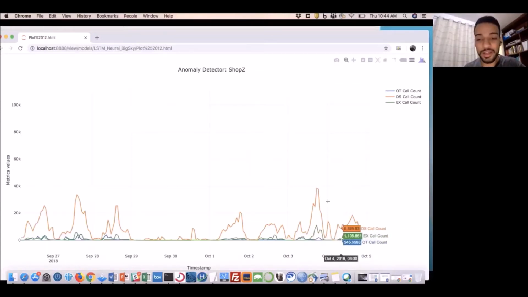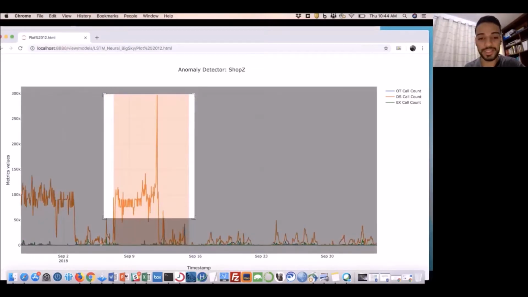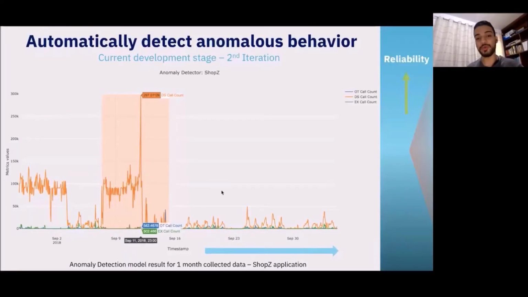But if you see here, that's not actually the case, because what actually represented the anomaly was the move to production process that they had done, which varied the performance a lot in the metrics for the application and caused a bottleneck for the users. This is an example in which we are plotting the metrics in a view that technicians can see and actually validate what's occurring in the environment.